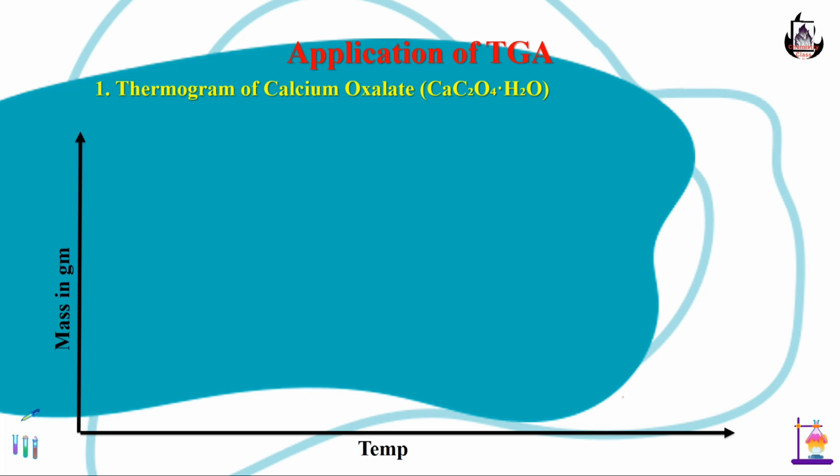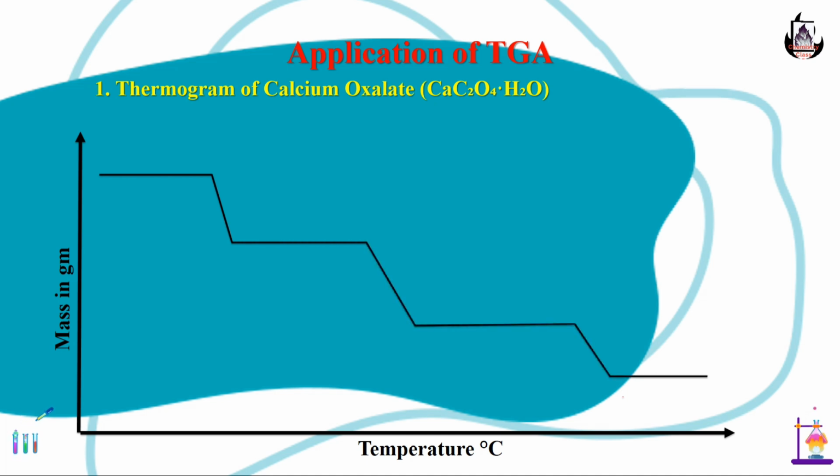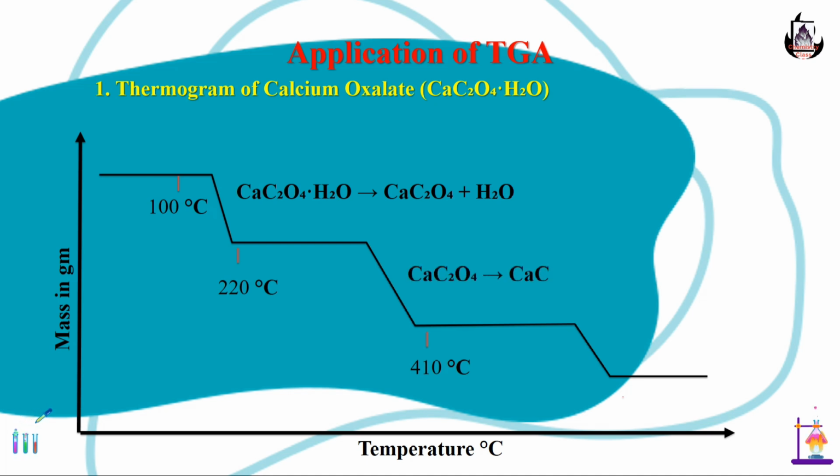In the third stage, the decomposition of calcium carbonate into calcium oxide occurs around 600 to 800 degrees Celsius. When we plot a graph of mass versus temperature, we'll clearly see three different decomposition steps of calcium oxalate.